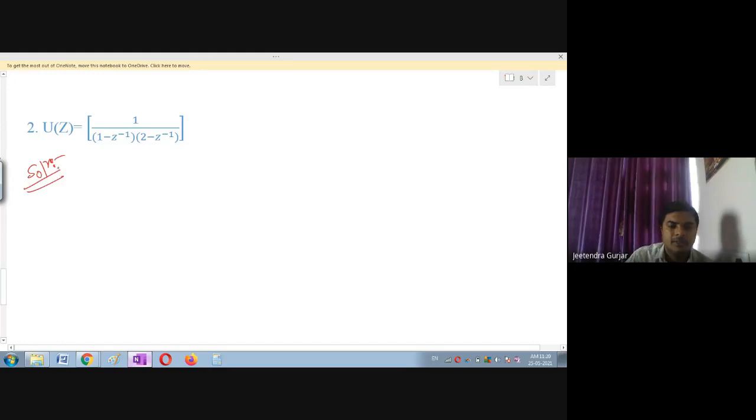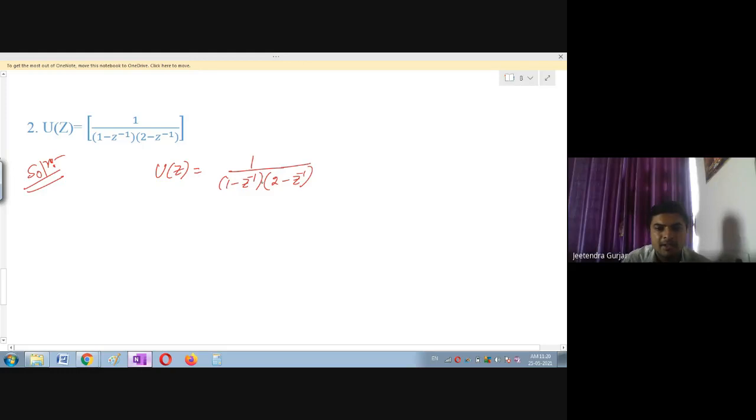So we'll start with the solution. First you are going to take here, they have given directly the u of z. So no problem, I will take u of z is equal to 1 divided by 1 minus z raised to minus 1, they have given here. In the bracket 2 minus z raised to minus 1.